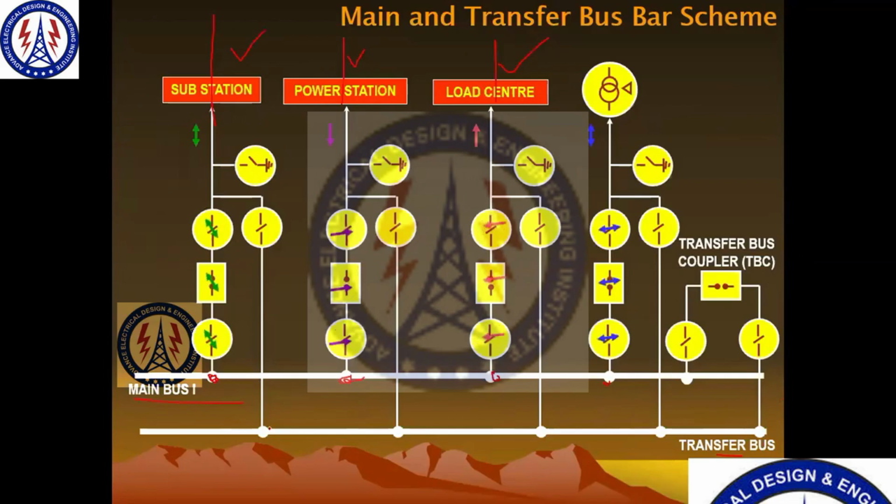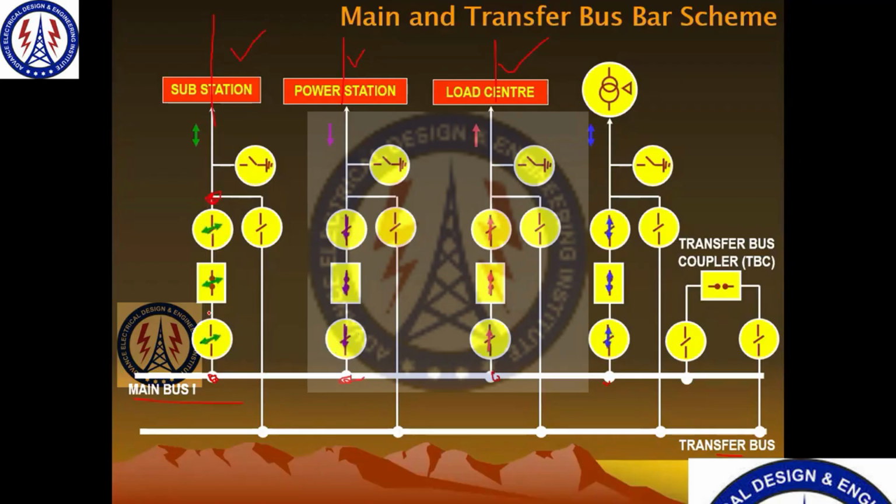Here all the feeders have been given bus bar 2, you see. In the earlier one there is a transfer bus, and above the circuit breaker another connection is provided to the transfer bus. So you can see we have the connection here, of this isolator.